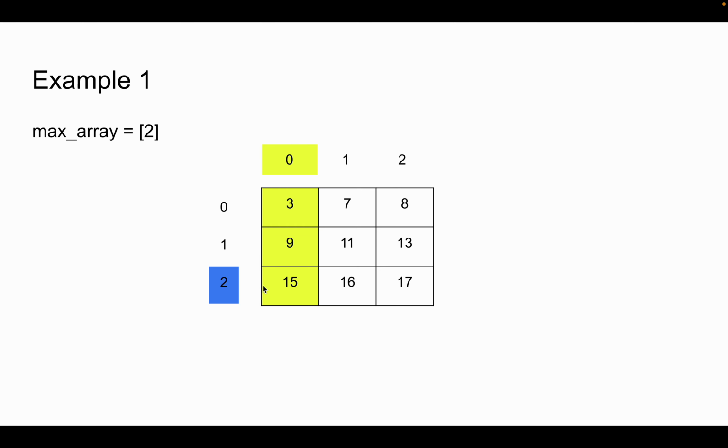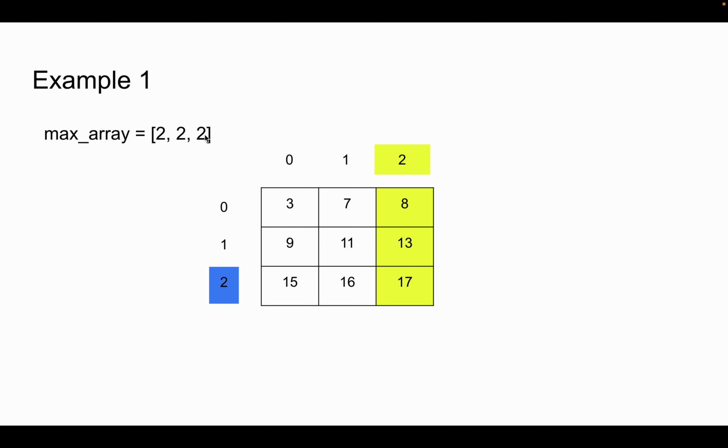If the minimum of this row is equal to 15, then I know that 15 is the lucky number, and I want to add it to the result. So let's look at this. We do column 0 first, then column 1, then column 2.